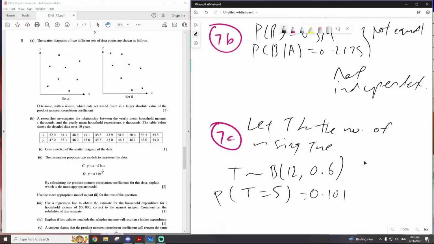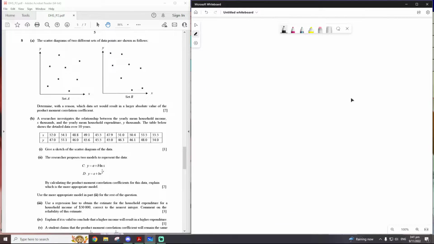Correlation. The scatter diagram shows two different sets. Determine which set will result in a larger absolute value. Okay, I think this one is quite obvious. Or rather, just look at it. Absolute value of the correlation coefficient means that you take the modulus of r, okay? So which one is it going to be?